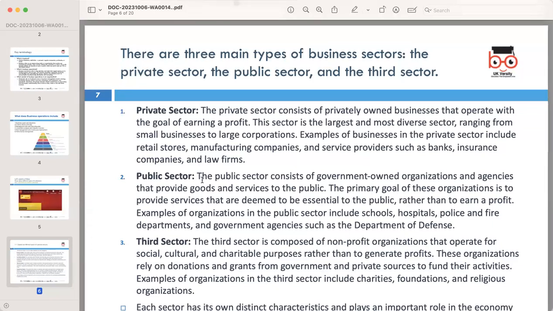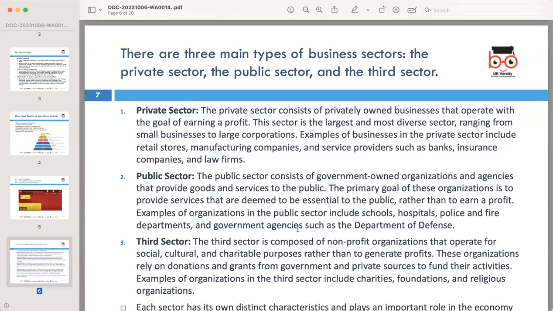Then we come to the public sector. The public sector consists of government-owned organizations and agencies that provide goods and services to the public. The primary goal of these organizations is to provide services that are deemed essential to the public rather than to earn a profit.